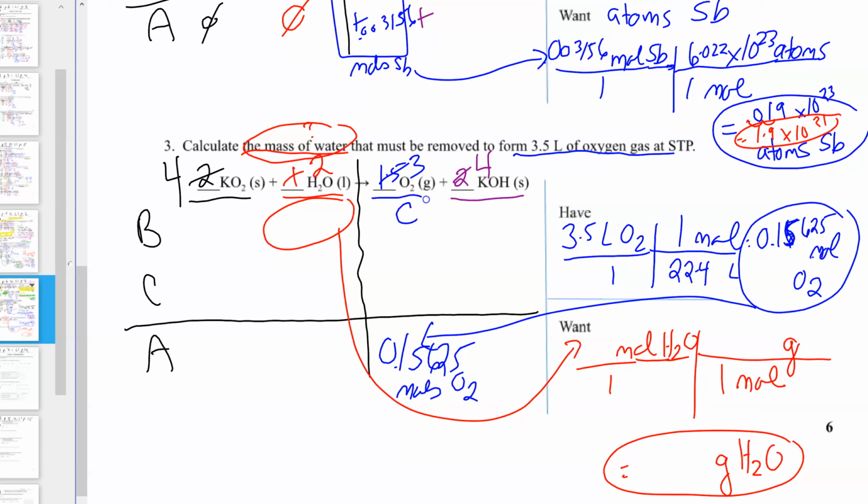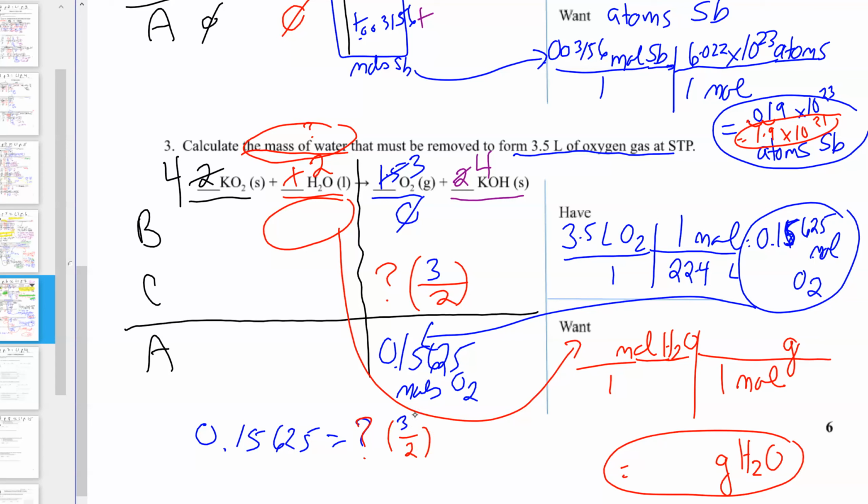So remember, we started with none, and let's do our little algebra trick. Question mark times the mole ratio will give us the number we need right here. So 0.15625 is equal to question mark times 3 over 2. How do I isolate and solve?